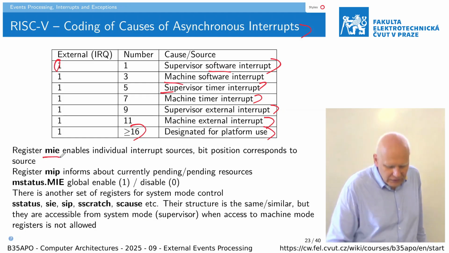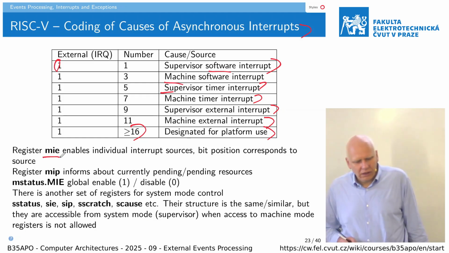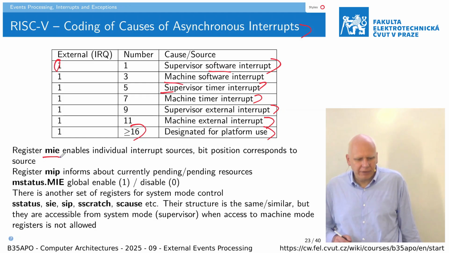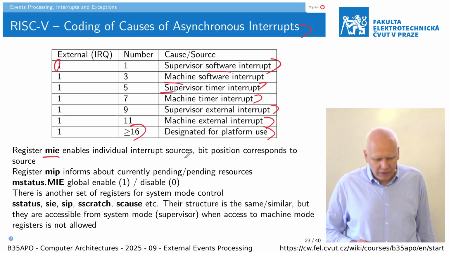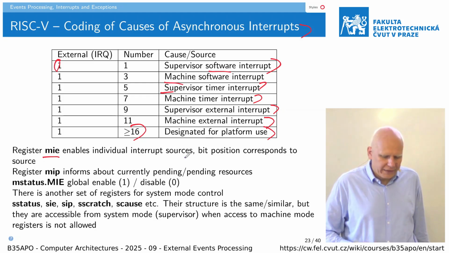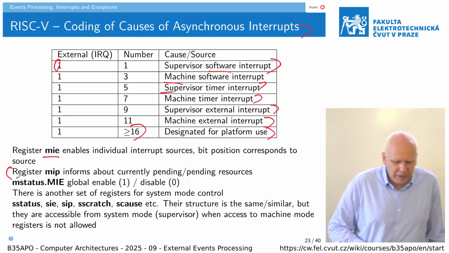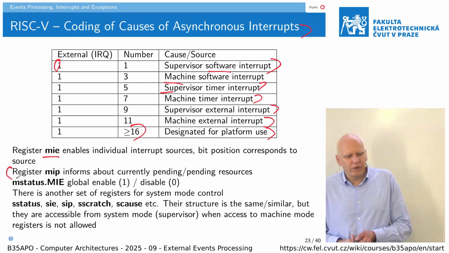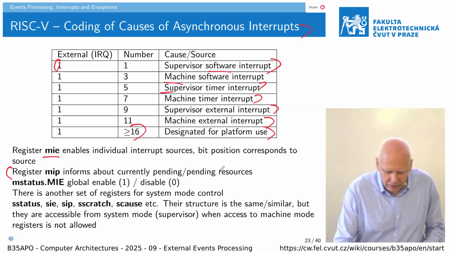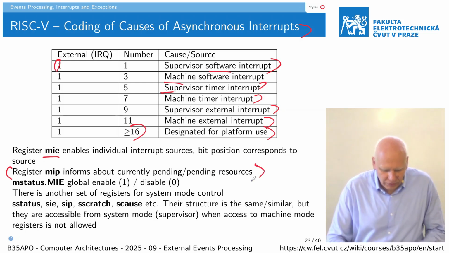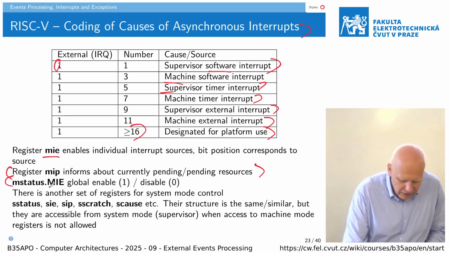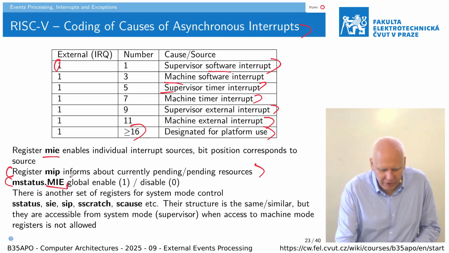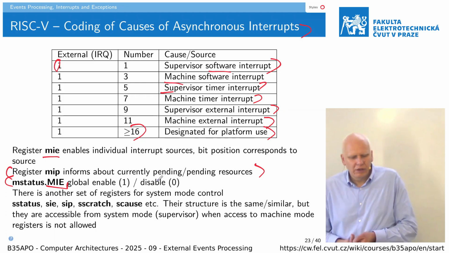And the register machine interrupt enable can be used to enable those individual sources, and the register machine interrupt pending informs about the actual pending sources. And the global mstatus interrupt enable allows to enable all the interrupts by a single operation.